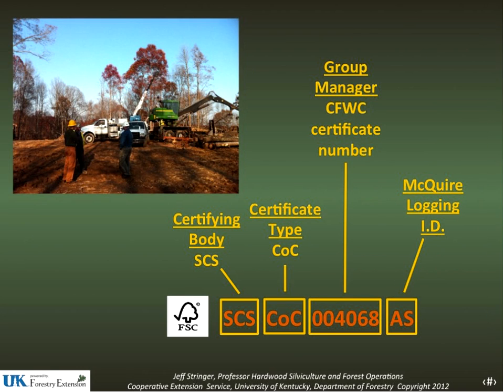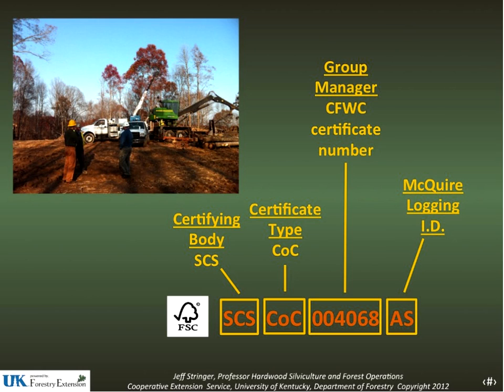If you look at the FSC number for this situation, again, it says SCS is the certifying body. We have a certificate type. In this case, it's just a COC. It's not an FM, not a forest management. You have the group manager, again, the Center for Forest and Wood Certification. And then McQuire Logging's ID is AS.